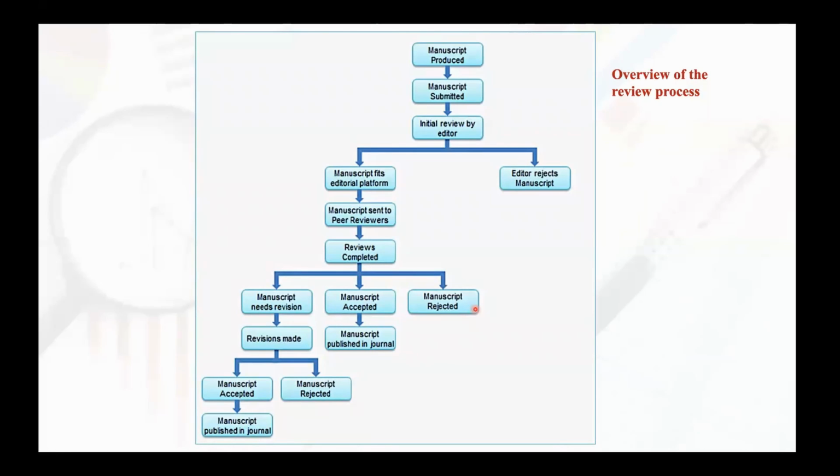Some reviewers, if they do not find any major mistakes, will ask the editor to accept the paper, sometimes with minor corrections. In most cases, the manuscript may require a revision, and the revision may be a major revision or a minor revision.